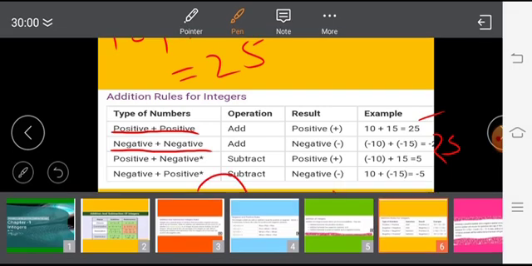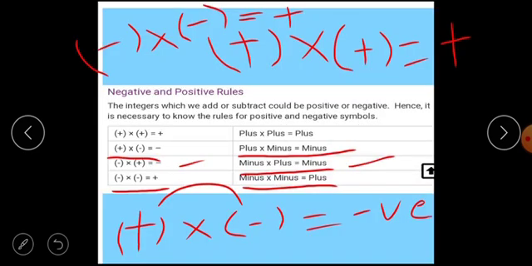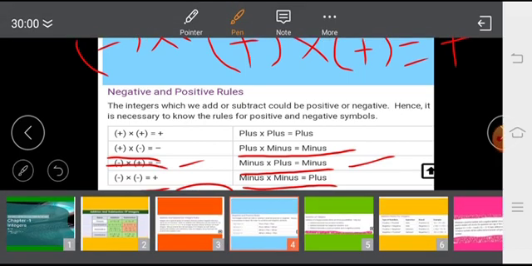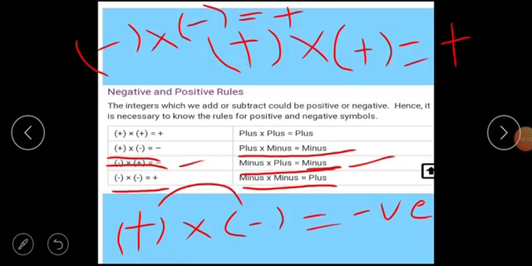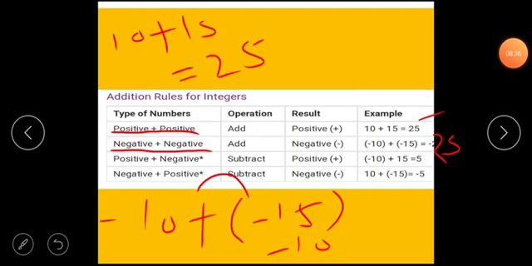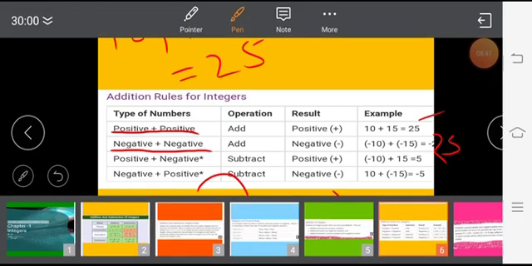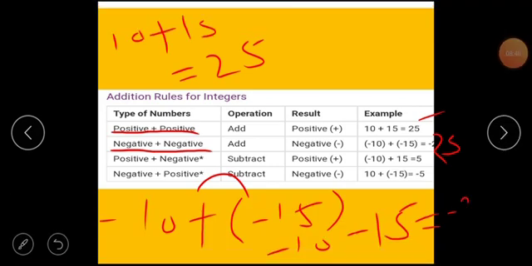As I showed here, minus into plus, you will get minus, as we discussed. So plus into minus will be minus. So minus 10, this will be minus 15, and the answer you will get is minus 25.